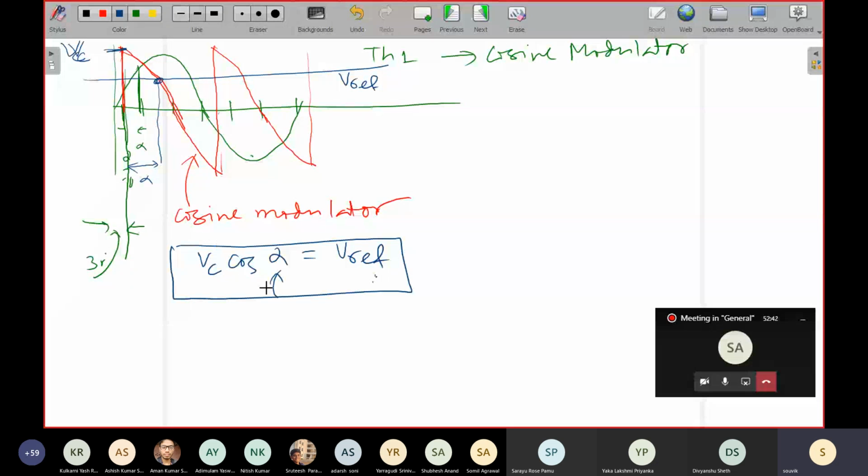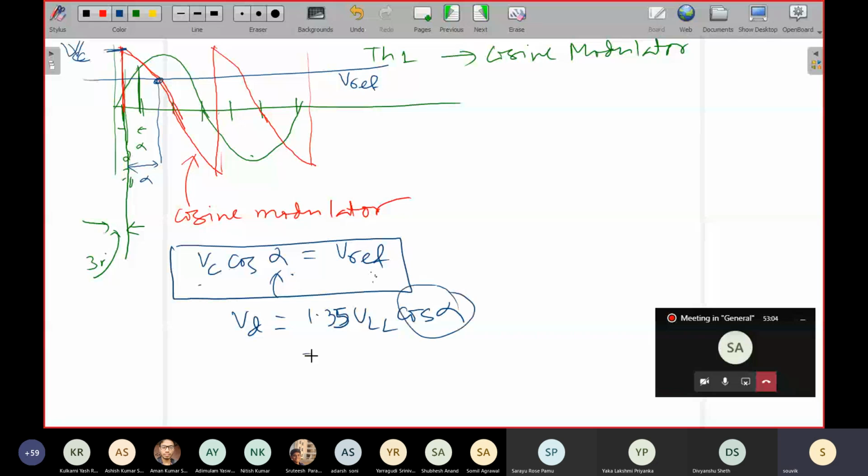That's why you require a cosine modulator, because alpha is such that Vref is related to alpha by the expression Vc cos alpha, and the actual output voltage Vd is related by 1.35 VLL cos alpha.